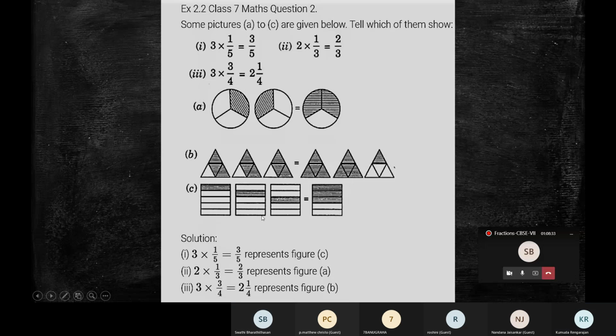C. Yeah. So in the question, this 1, 2, 3 are given to you. A, B, C also given to you, children. You have to just match. This is only the answer.